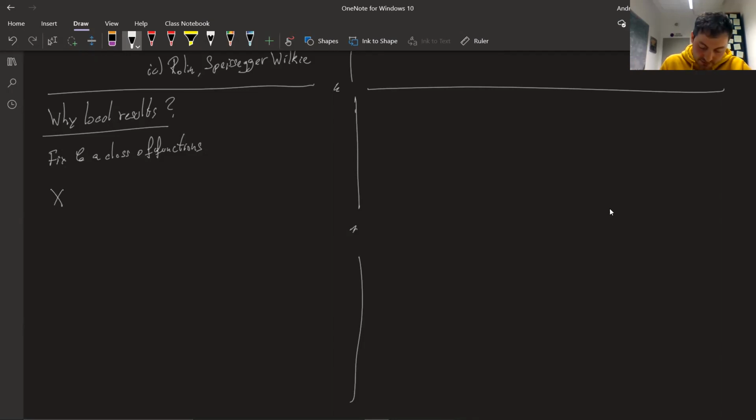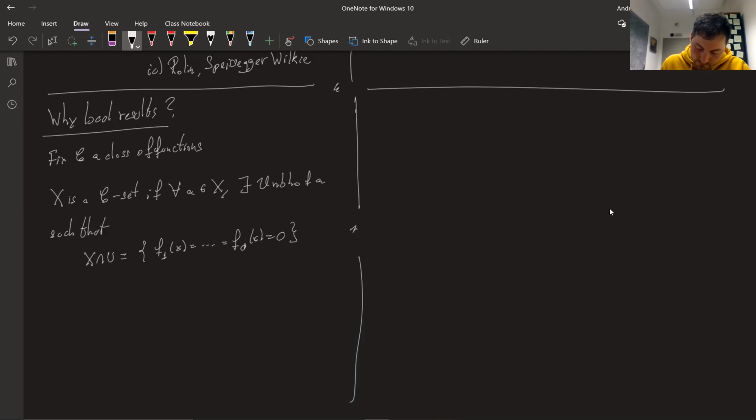So we say that X is a C set if for every point A in X, there exists a neighborhood U of A such that X intersected with U is just given by some functions there, f1(x), ..., fd(x) equals 0, where the fi are algebraic functions, or real analytic or complex analytic functions, defined over the entire neighborhood.